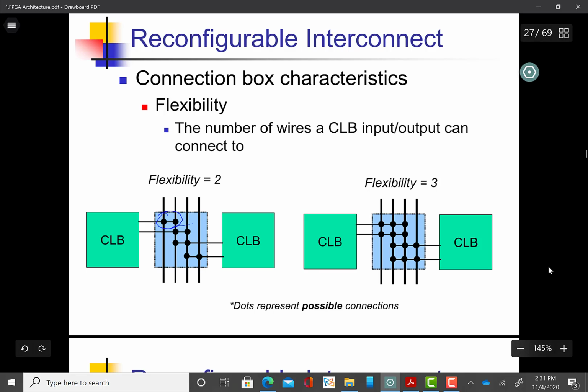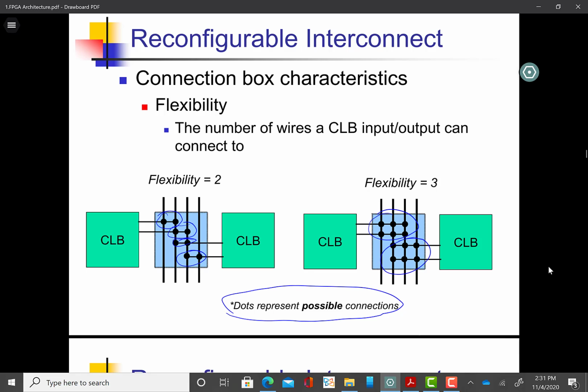Similarly, a single wire can connect to these two wires. Similarly, this line can connect to these two, so here we say the flexibility is 2. In this one each wire can connect to 3, so the flexibility is 3. And note that the dots represent possible connections.